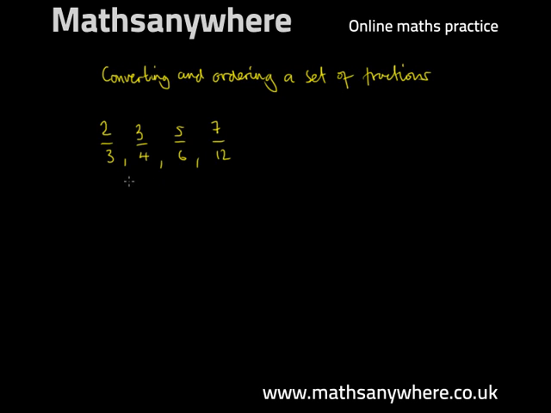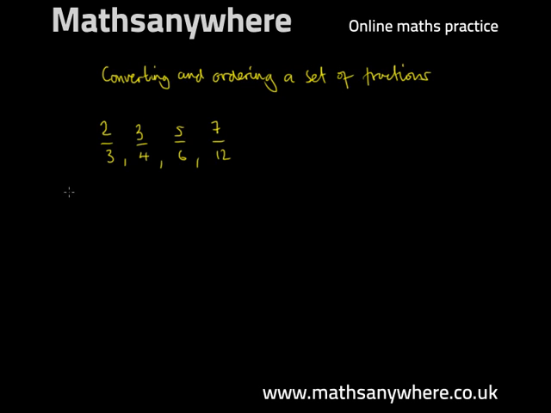The way to do that is get the denominator, the number on the bottom, the same in all examples of fractions. We need to find the lowest common multiple of the numbers that appear on the bottom of the fractions. The first thing to do is write out the times table of the denominators.